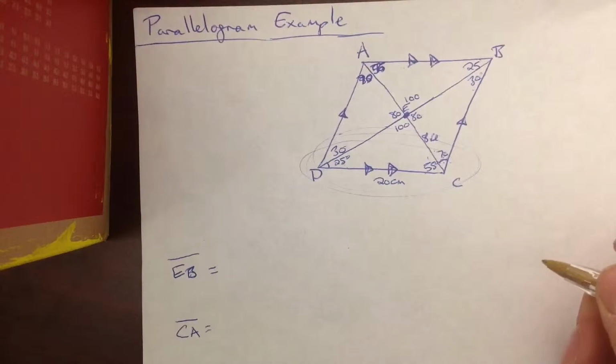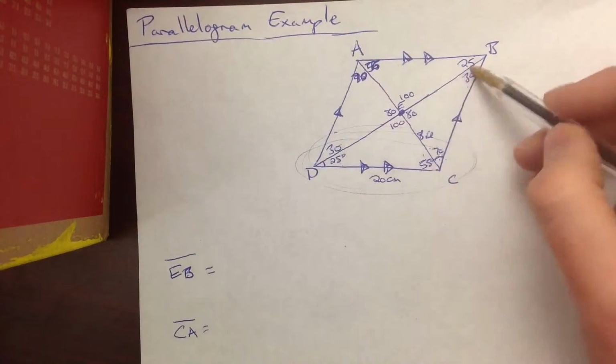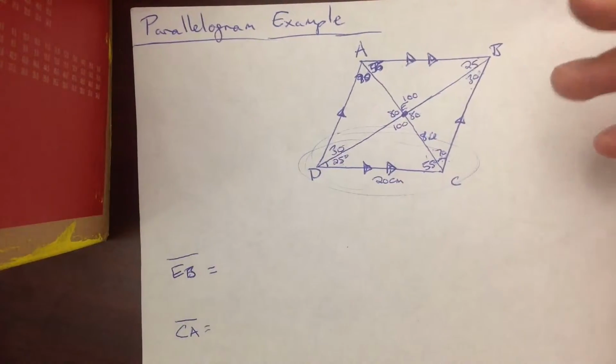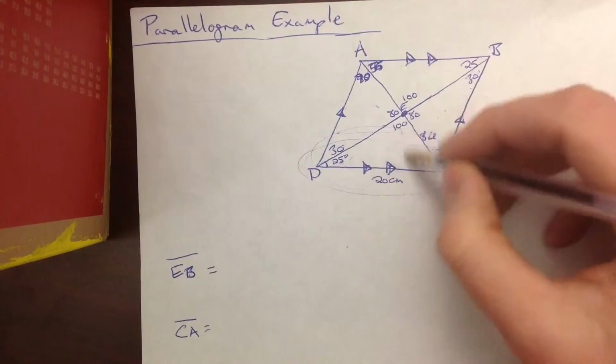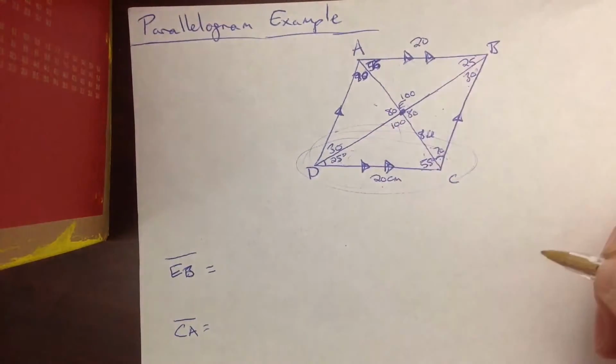So, also, notice that we have the exact same triangles going on for these two, and the exact same triangles going on for these two. So if this is 20, this is 20.